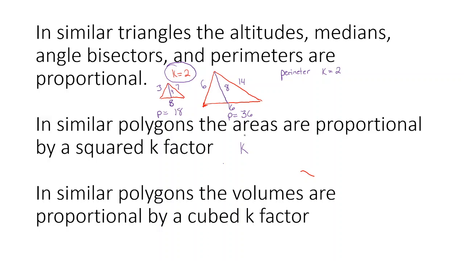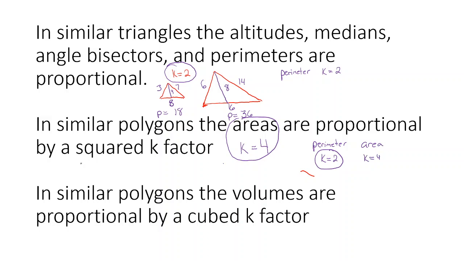So if the K factor between the triangles is 2 for the perimeter, for the sides, for the median, the K factor for area would be 4. Again, if for perimeter K equals 2, then the area would be the square of that, or K equals 4.